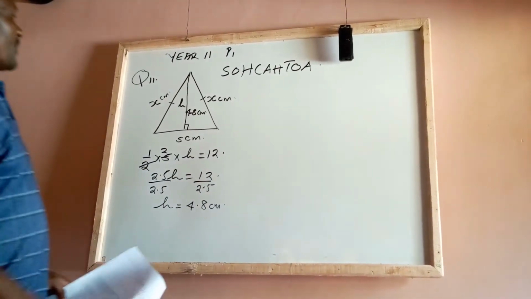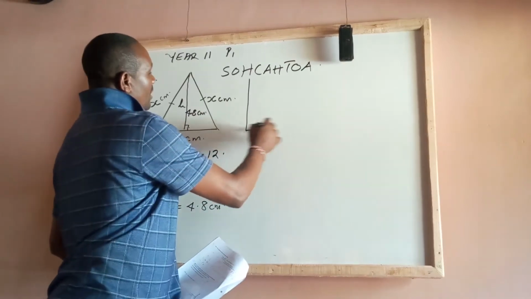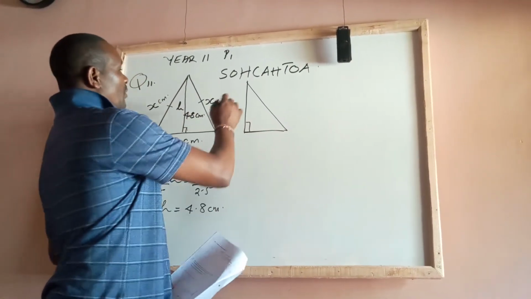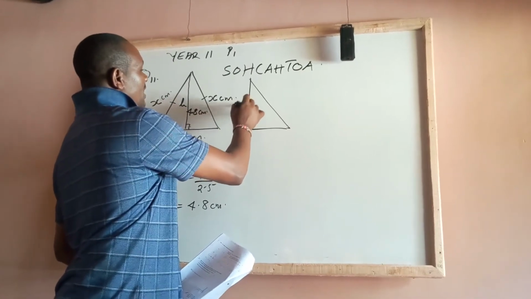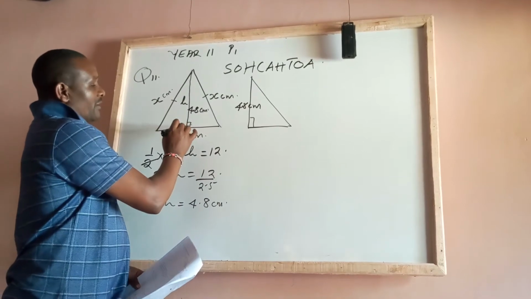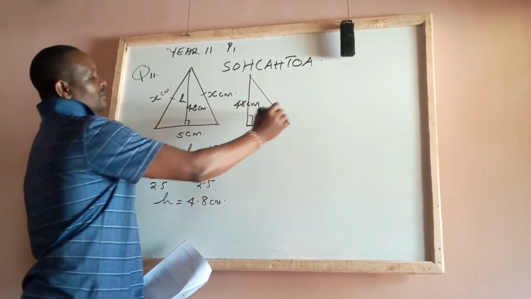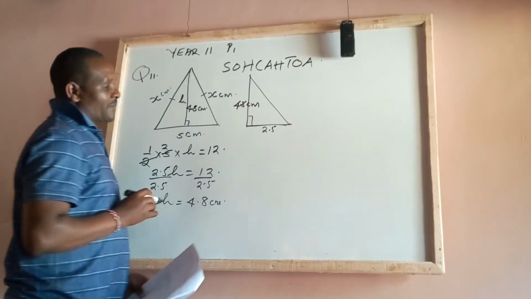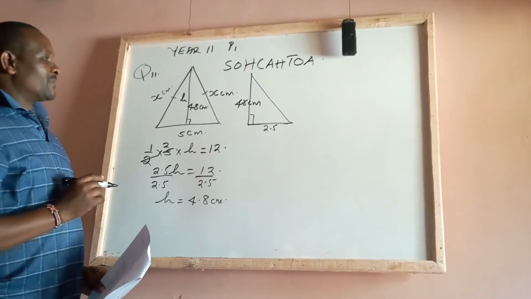Having said that, we can now take one of the triangles aside with our h 4.8 centimeters, and our base now from the midpoint of the base to one of the vertices is 2.5 centimeters, because the whole base was 5 centimeters.